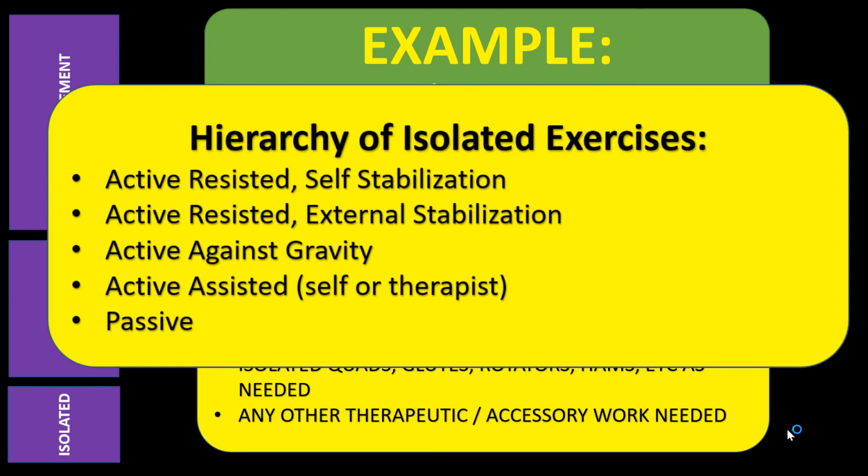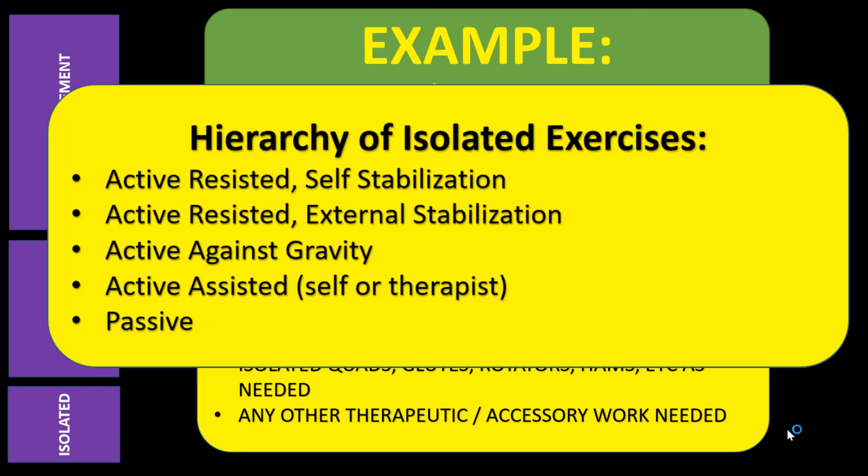For individuals that have some specific weakness, and we start thinking about neurological populations now, sometimes you need to get into doing external stabilization, but then you're still able to give some active resistance, active against gravity, and then moving down into active assisted, which is either self or therapist assisted, and then finally down to the bottom, which would be the passive movement. And of course, we'd want to start as high up in this hierarchy as we possibly can, and then work upwards until they get to the point where they can self-stabilize and have some active resistance.